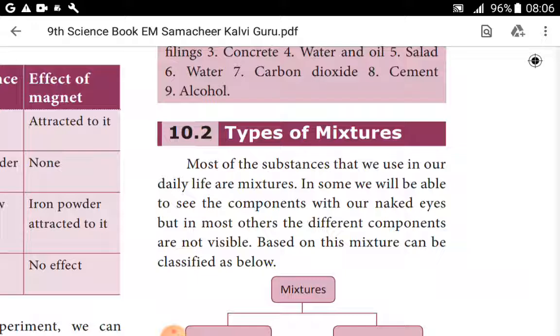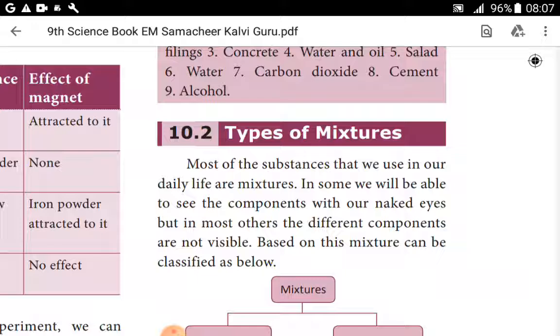When you simplify, you get 3 is to 8. So it is a fixed ratio, a definite proportion. Compounds are formed only by the combination of elements in definite proportion by mass. So carbon dioxide is a compound.